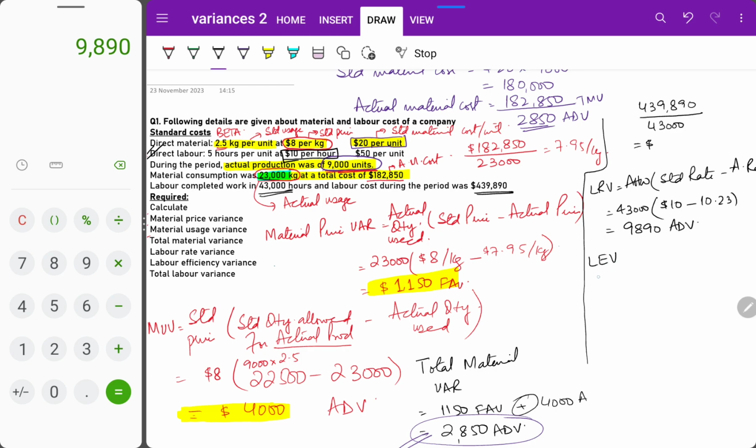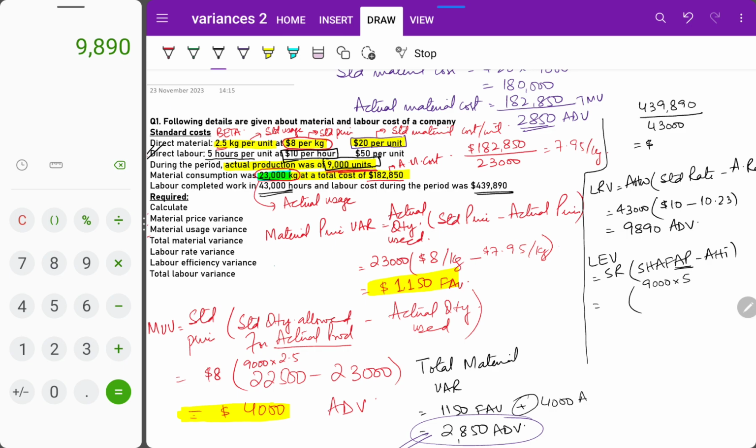Similarly, what is labor efficiency variance? Standard hours allowed for actual production minus actual hours, multiplied by the standard rate. How many units did labor actually manufacture? Labor actually manufactured 9,000 units, as given here. This is the same question which we just did for material. So 9,000 units multiplied by 5 hours per unit.